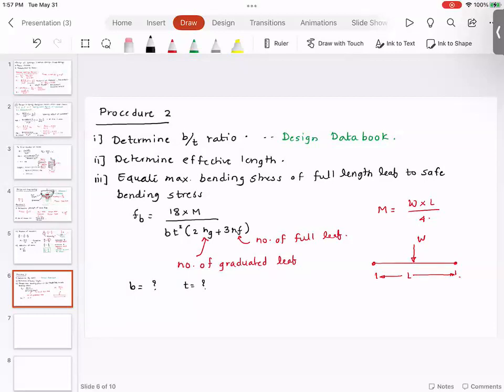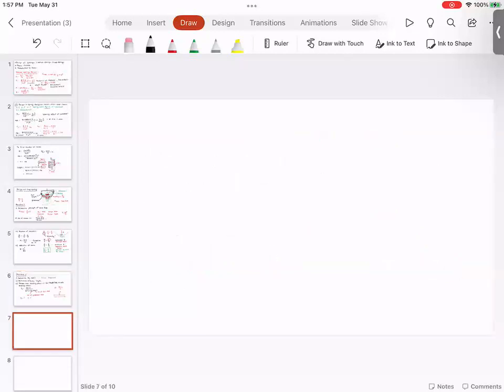But it's good to know how this design process can be applied to leaf spring design. Again, you can follow procedure 1 or you can follow procedure 2. And at the end, your answers are going to be similar if you started with the same type of materials. So I'll work out a problem.